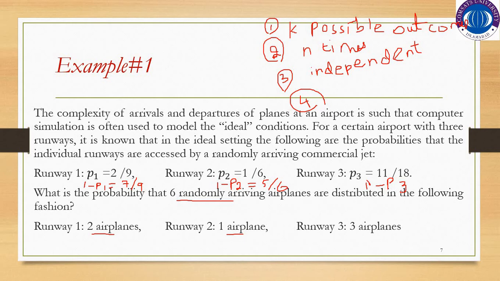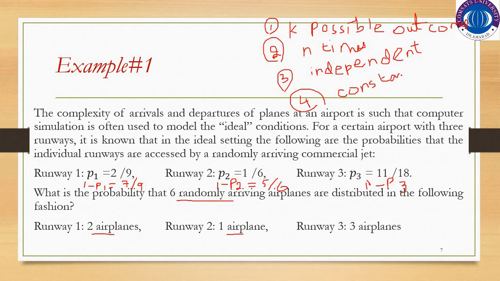So you can find out the probability of not arriving like this, and the probability of success is constant, or you can say it remains constant from trial to trial.